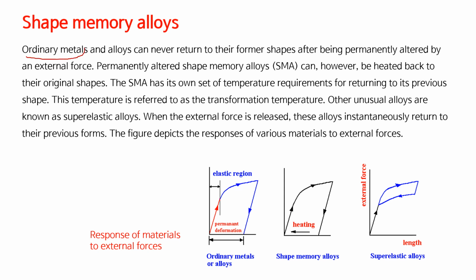Ordinary metals and alloys can never return to their former shapes after being permanently altered by an external force. However, permanently altered shape memory alloys can be heated back to their original shapes.